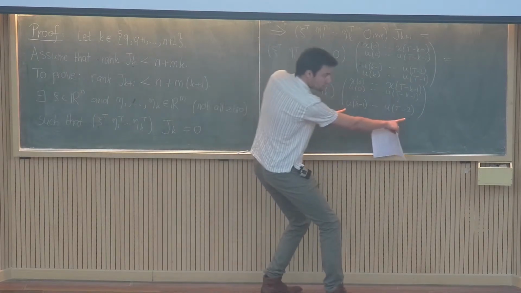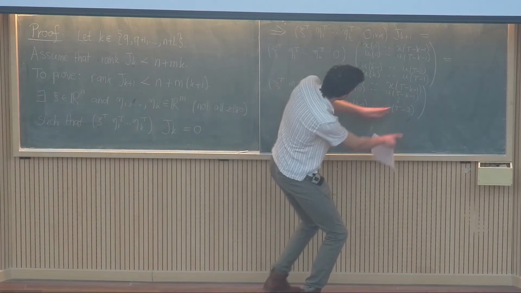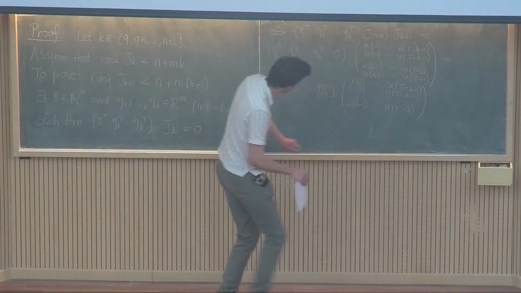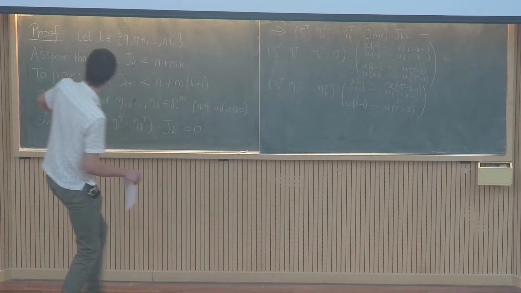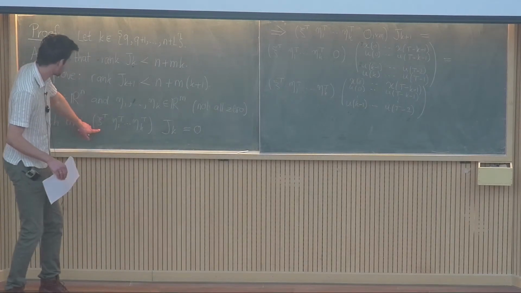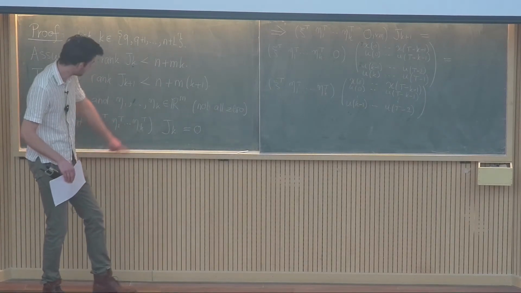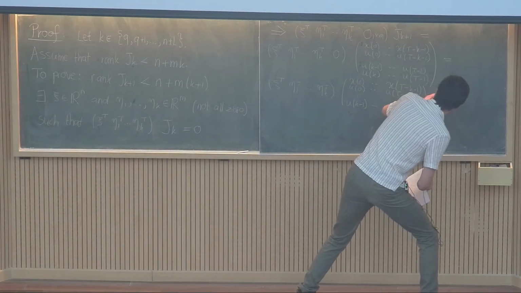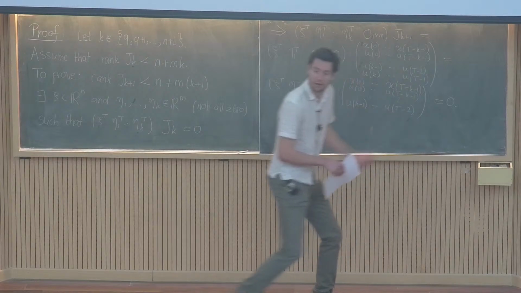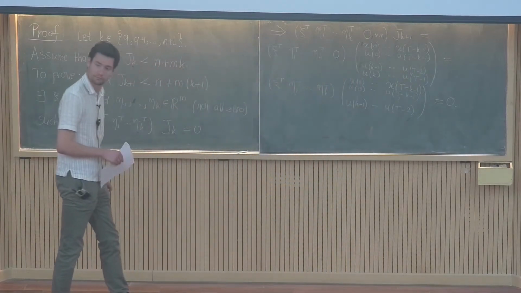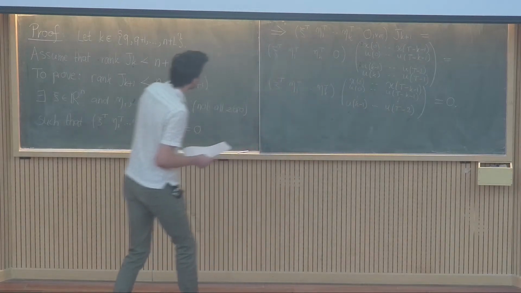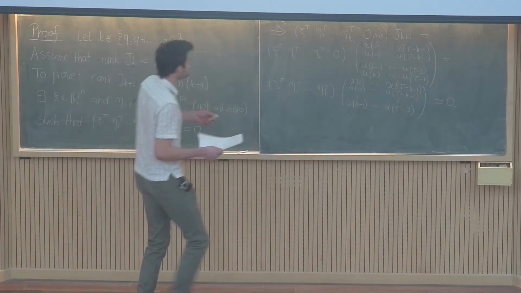In fact, this is just the matrix Jk with the last column removed, right? Well, we assumed that this psi, eta 1 up to eta k transpose times Jk is 0. So also, this must be equal to 0. Again, this is a submatrix of Jk. That's the point.